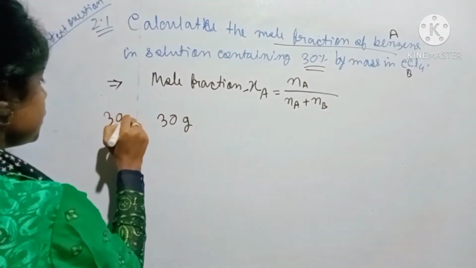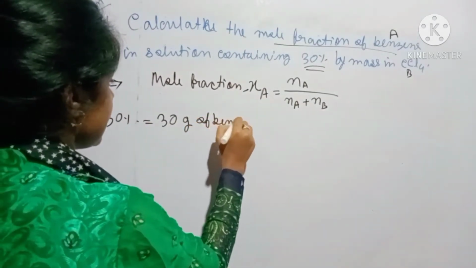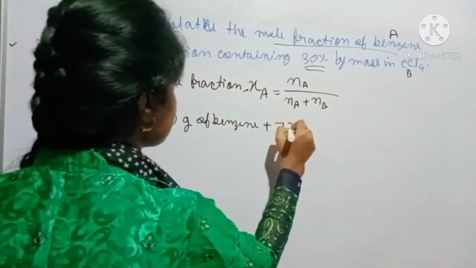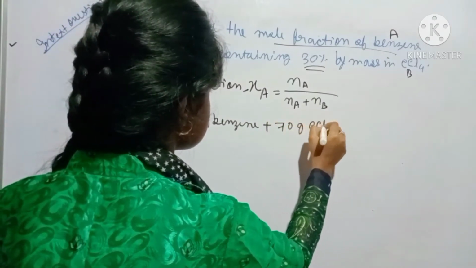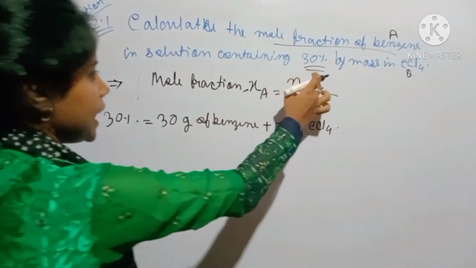From 30% we know that there is 30 gram of solute, which is benzene, and 70 gram of solvent, which is CCl4.